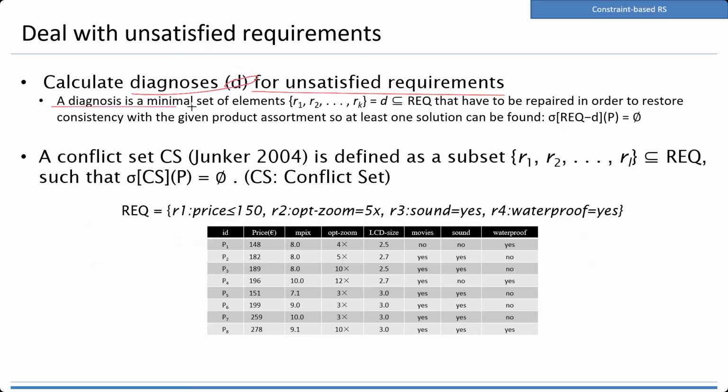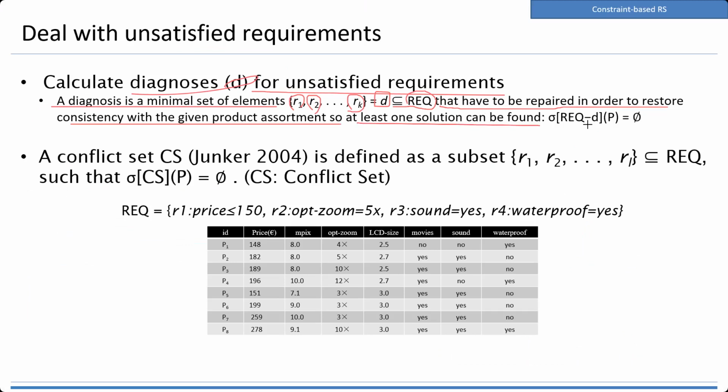A diagnosis is a minimal set of elements, R1, R2 until Rk, in the D or the diagnosis. That is a subset of REC. REC means the requirement. It is the set of elements that have to be repaired in order to restore consistency with the given product assortment. So at least one solution can be found.